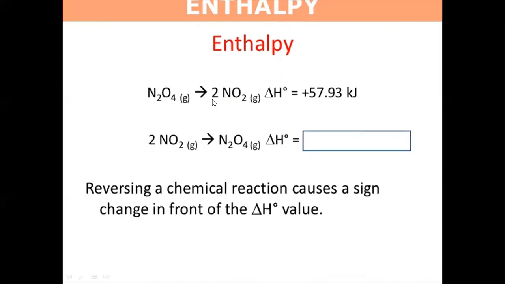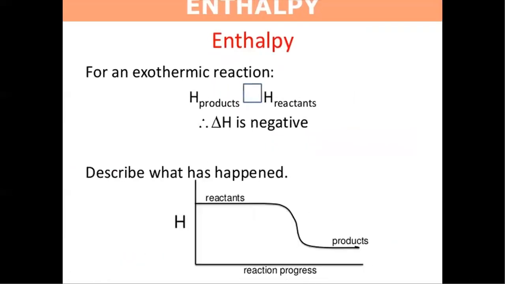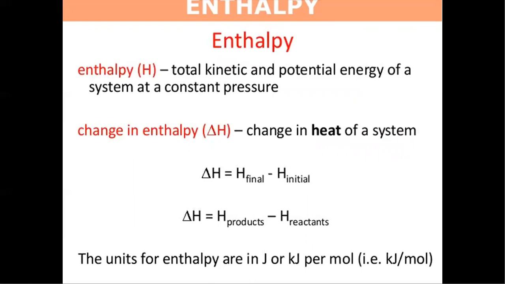These are the examples for enthalpy. Here N2O4, which is in gas form, converts into 2 moles of NO2, also in gas form. So 1 mole of reactant converts into 2 moles of products. The formula for enthalpy change is delta H equals H products minus H reactants.